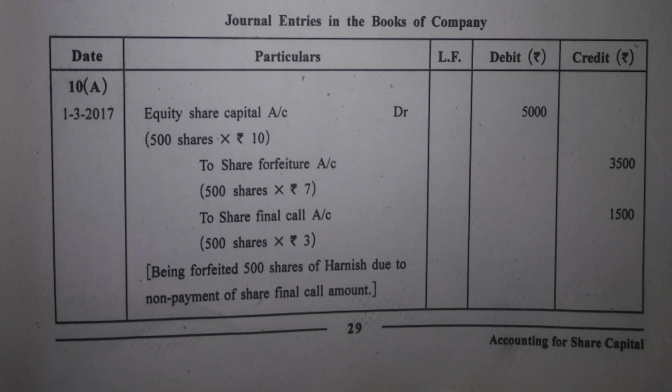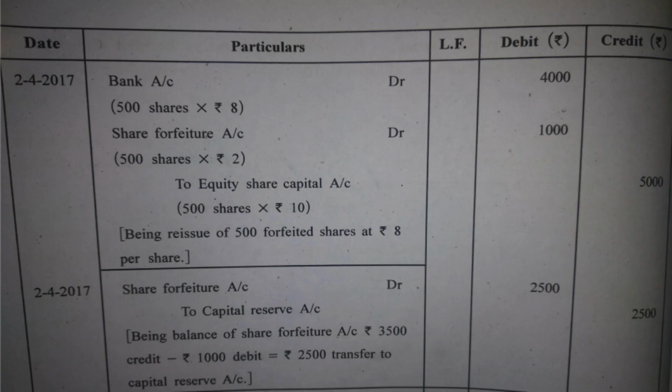Yeah? Now finally, journal entry about reissue of shares. These shares are reissued at rupees 8. So bank account debit 500 into 8, 4000. Share forfeiture account debit. Why? Because these shares have been reissued at a discount. So in that case, 500 into 2 rupees discount.